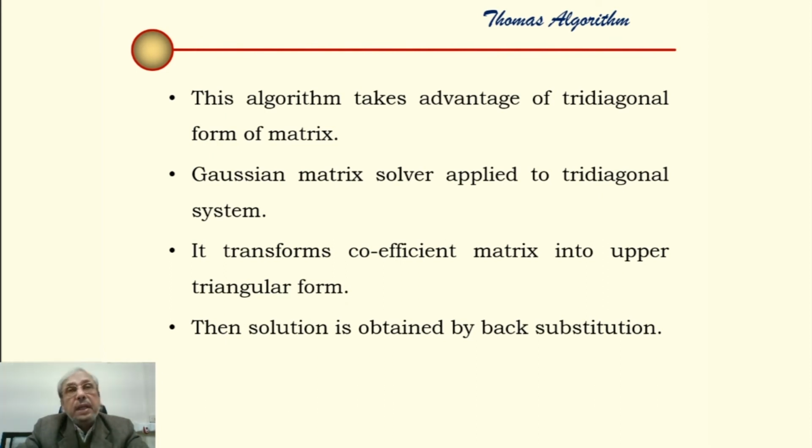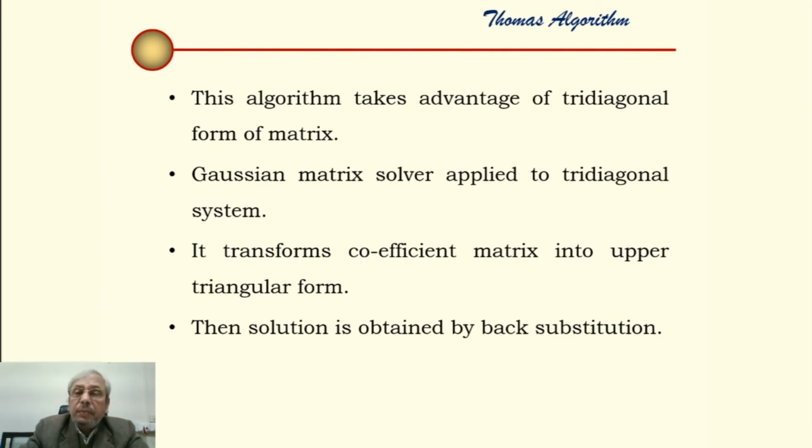Now, why were we always trying to go for alternate direction implicit or Crank-Nicolson? Because we wanted to have a tridiagonal coefficient matrix, and this tridiagonal coefficient matrix has a special advantage. It can be inverted very easily.